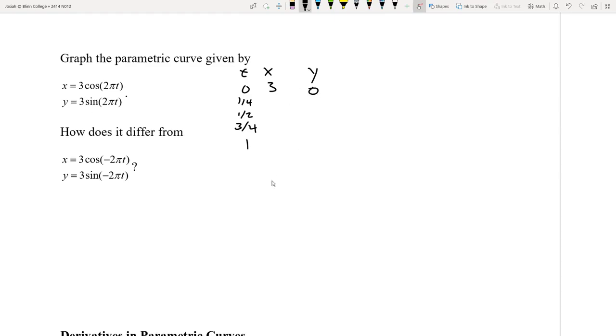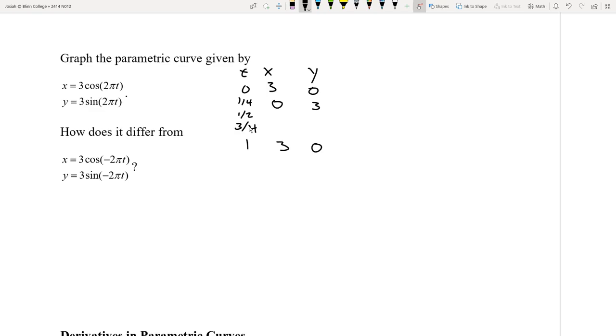Sine of 0 is 0. And so likewise, I should get the same thing for the last entry there. At 1/4, that gives me cosine of pi halves, which is 0. And the sine of pi halves is going to be 1 times 3 is 3.